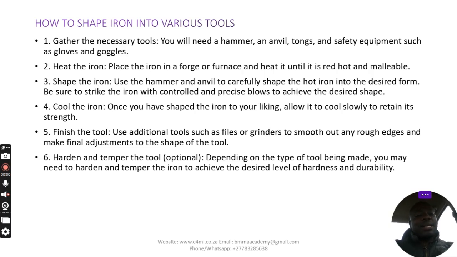This is also optional, just to ensure the quality of your tool, or enhance it rather. You can harden and temper the tool. Depending on the type of the tool that is made, you may need to harden and temper the iron to achieve the desired level of hardness and durability.